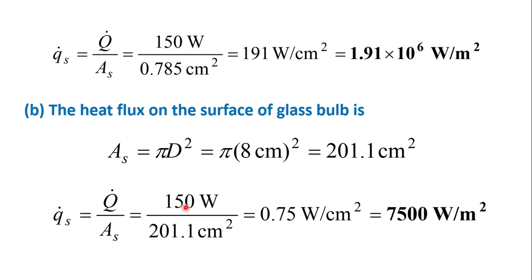The rate of heat transfer given is 150 watt. If you divide it by the surface area, you will get the heat flux at the surface of the glass bulb, which will be equal to 0.75 watt per centimeter square. If you convert this into meter square, you will get the heat flux at the surface of the glass bulb, which will be equal to 7500 watt per meter square.